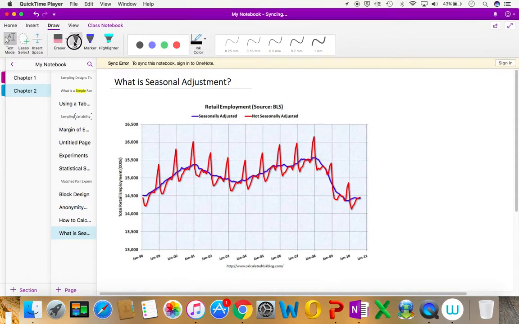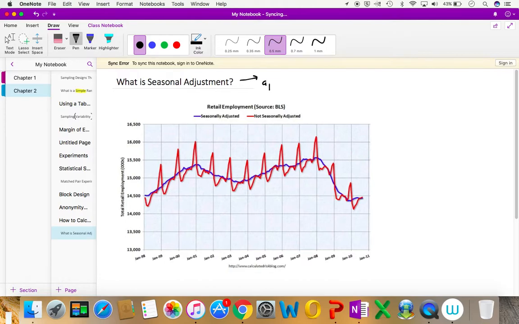So this concept of seasonal adjustment applies to line graphs. In order to truly understand what seasonal adjustment is, we have to understand what the term seasonal variation is, because a seasonally adjusted graph is one that removes seasonal variation.